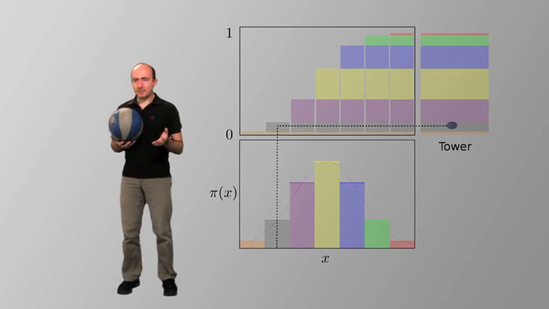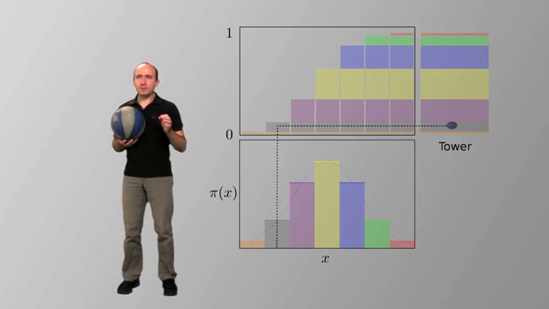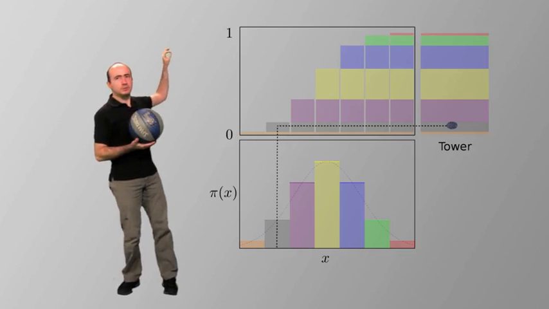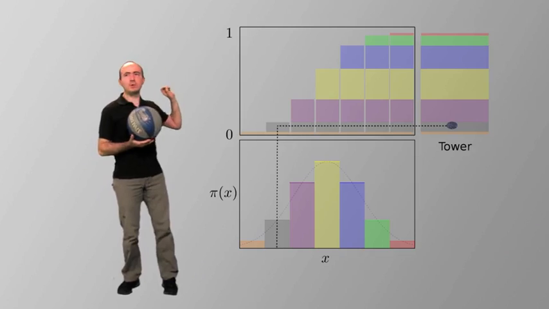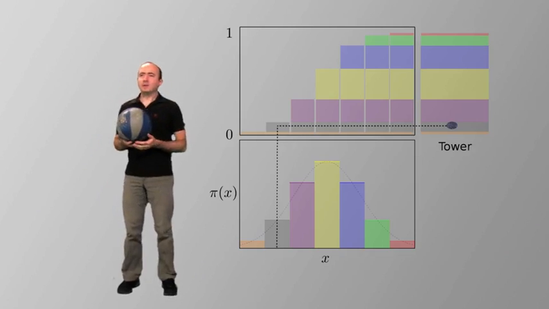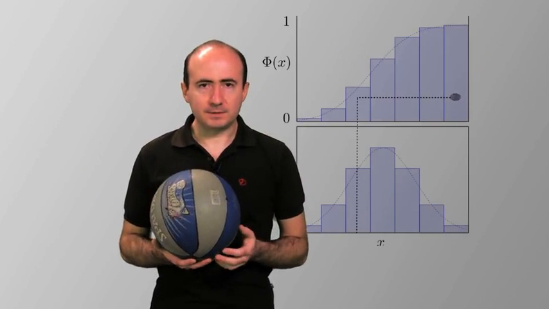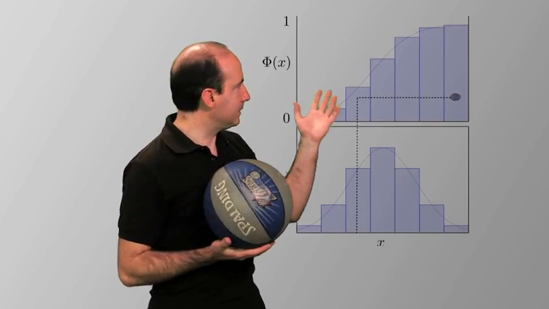Using this scheme, one can trace from the position of the pebble to the box and to the position x that we want to sample according to the discrete distribution pi of x. This is what is displayed here.